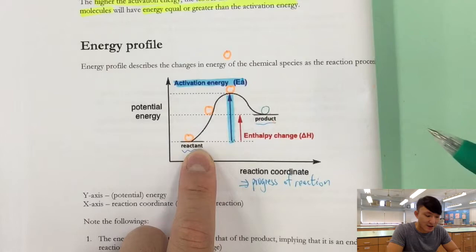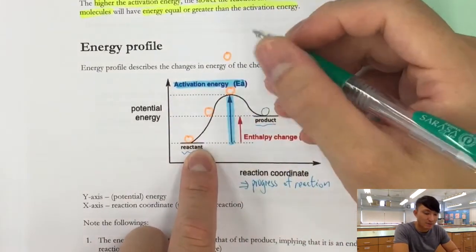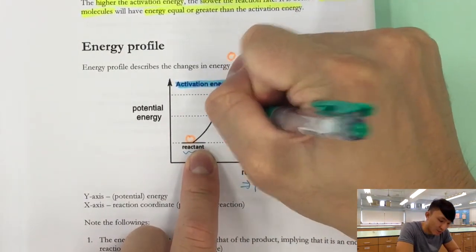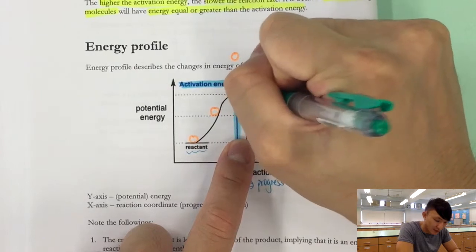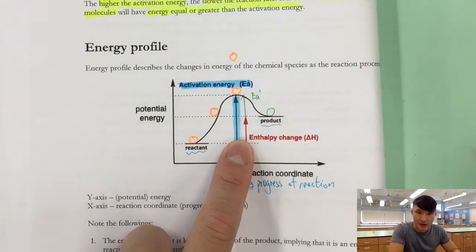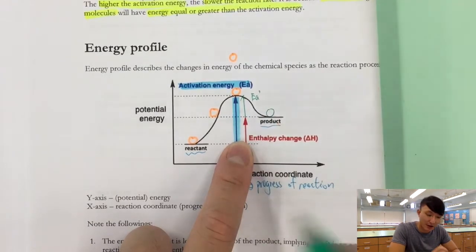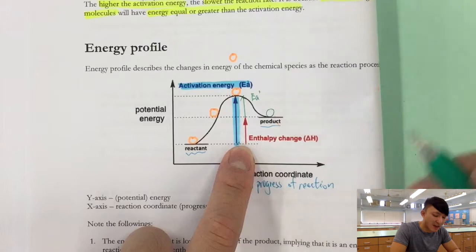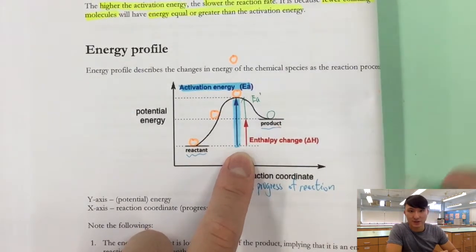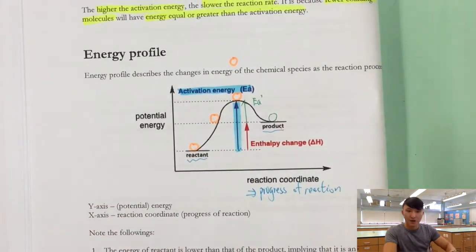But you can notice that if it undergoes a backward reaction, the activation energy will be this one. This is the activation energy backward. And you can tell it requires less energy to go backwards. Okay? So you can tell the backward reaction will proceed faster. Okay, next page.